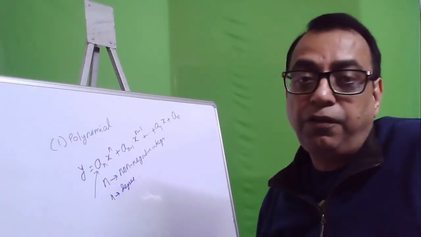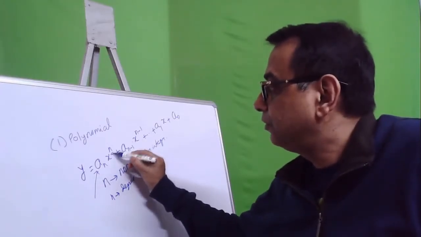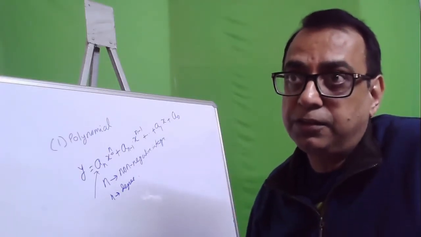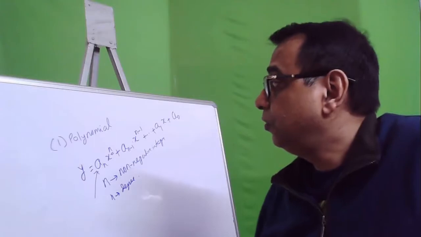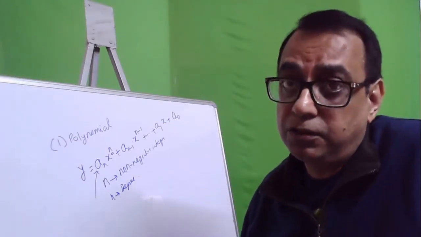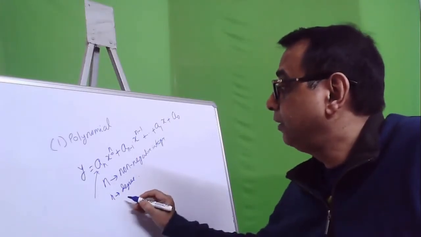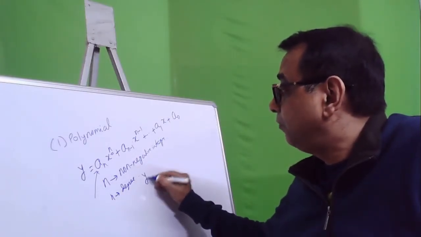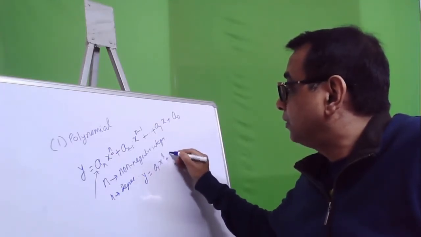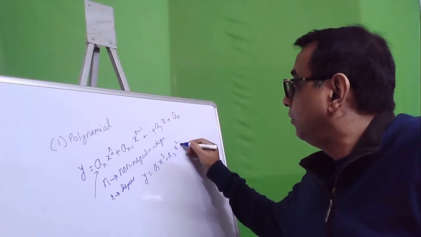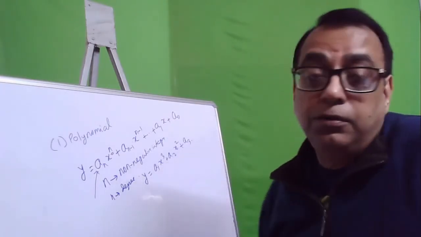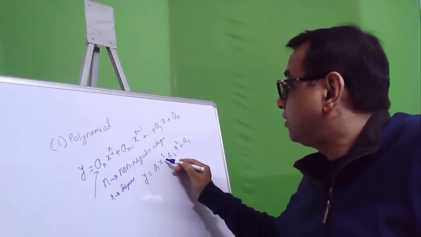For example, of course you can see the highest power of x is n here. Whatever is the highest power of x is also called the degree of the polynomial. For example, if you have something like y is equal to a1 x cube plus a2 x square plus, let's say, a3, this has the highest power as 3.